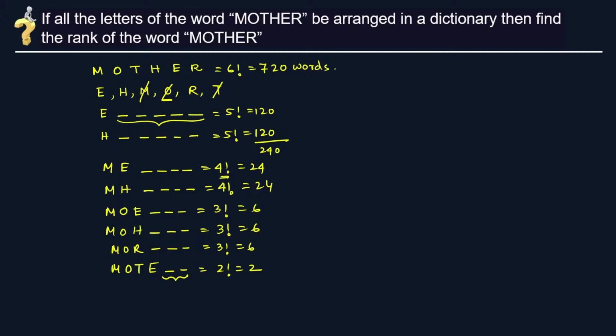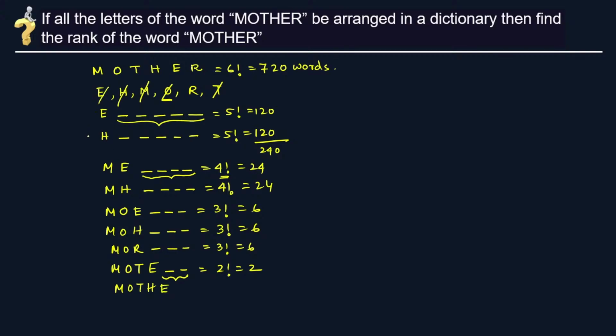In this case also I have written factorial 4. It means that in these four places, the four alphabets can arrange among themselves in factorial 4 different ways. Okay, so after E, alphabetically H will come. And after H, alphabetically E will come.